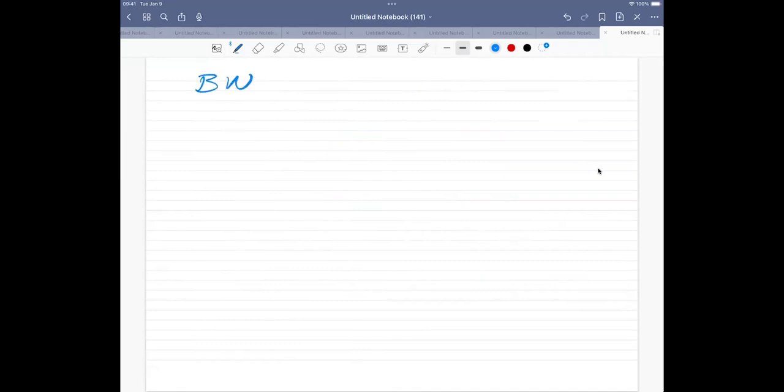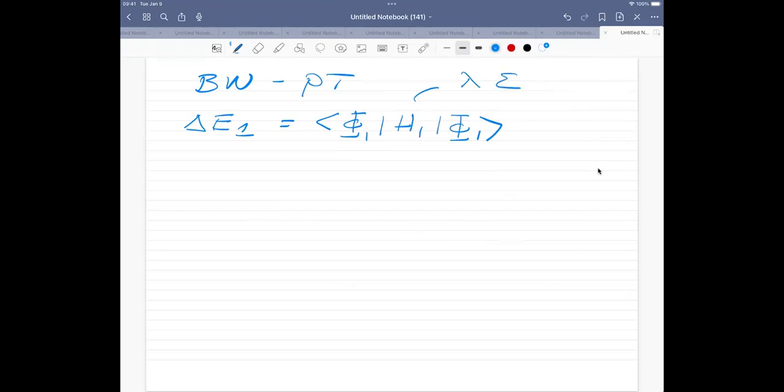So BW perturbation theory. If I plug in the expressions, I have a delta E, and the subscript 1 indicates that we are targeting the lowest lying state. If I plug in the expressions which we derived yesterday, this should be phi 1, and now everything is given in terms of the interaction piece. Remember that this one is lambda, and it has a sum over i different from j of a_i dagger a_j.